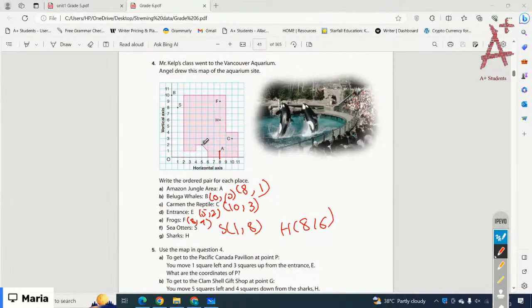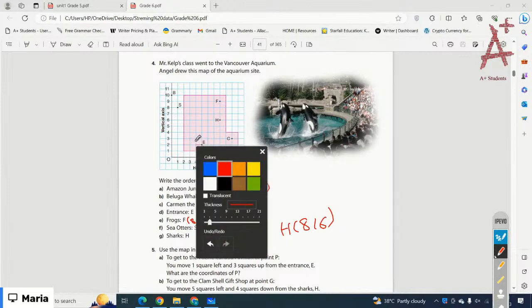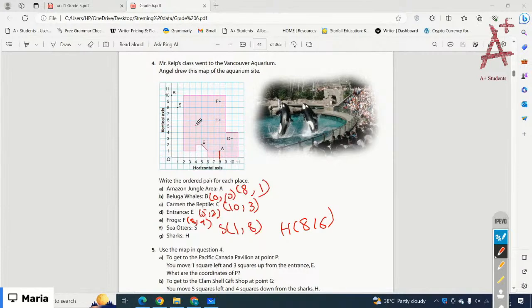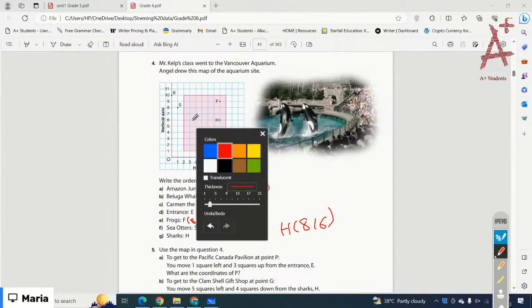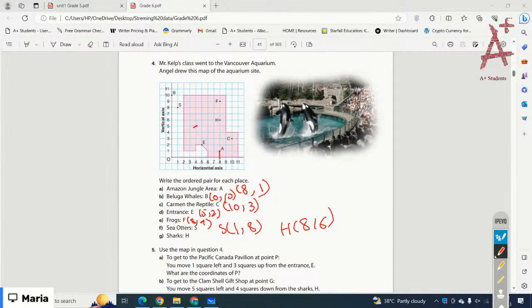From the entrance, you move 1 left, from E to the left, here it is. And then 3 squares up. 1, 2, 3. Here is the P. It would be 4 and 5. The coordinates of P are 4 and 5, right?